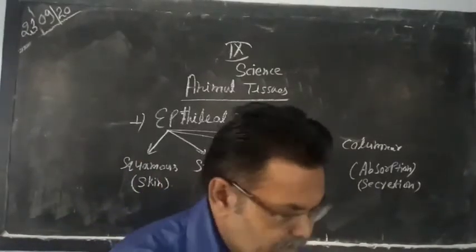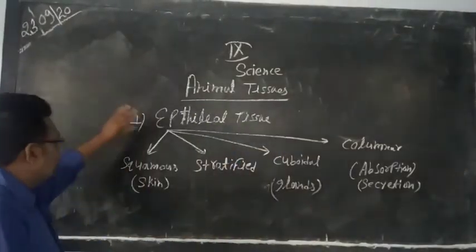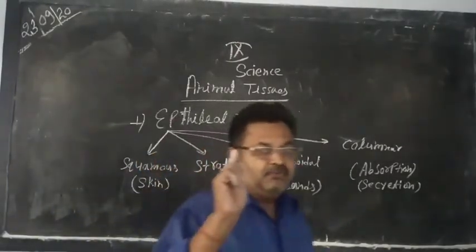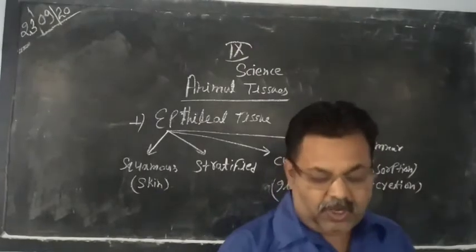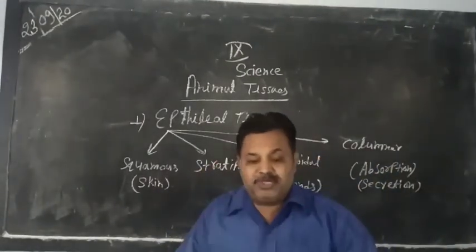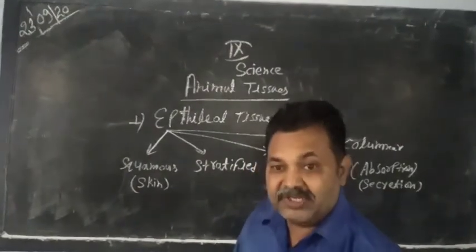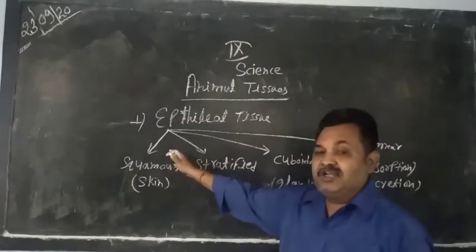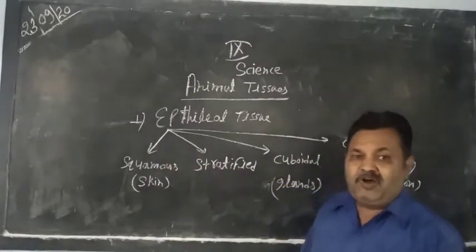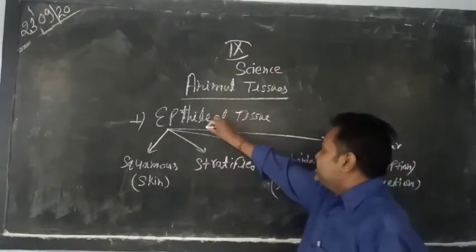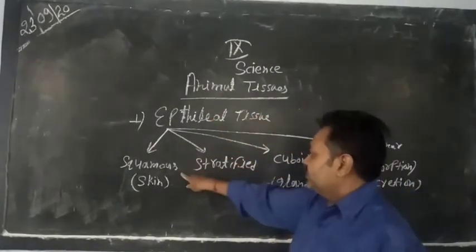So let's see. Epithelial tissue is the first tissue of animals. Epithelial tissues are found in the lining or covering membrane. It is found as a covering membrane of organs to protect them, and these epithelial tissues are of the following types.